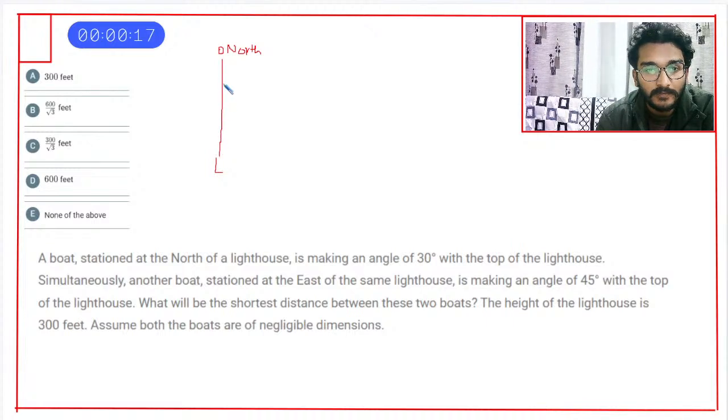So this is the distance between them. Now I am making its side view. Side view would be something like this. This is a tower. This is a lighthouse. That's the lighthouse. And this is the boat making an angle of 30 degrees.